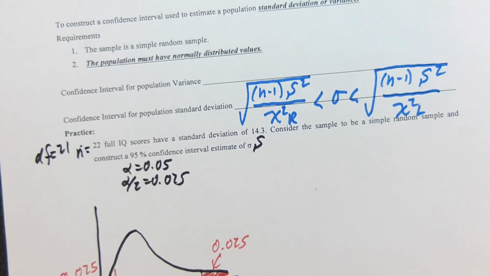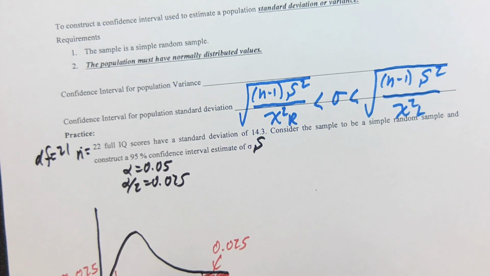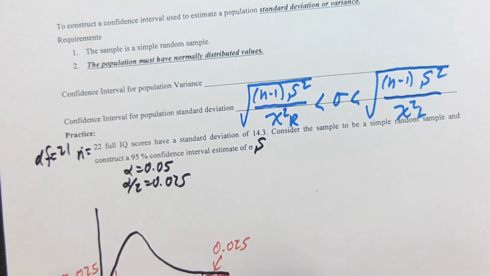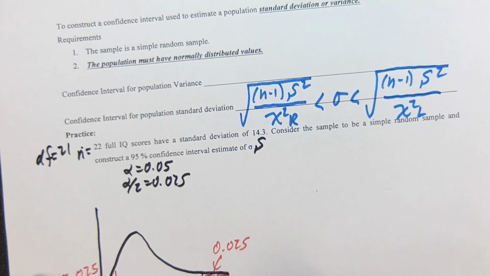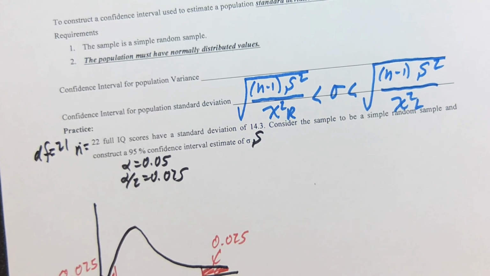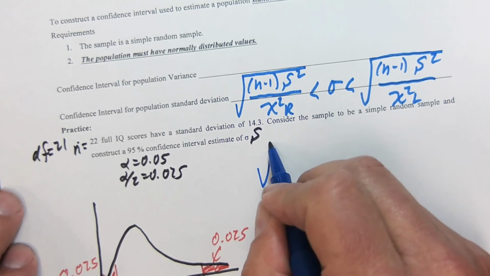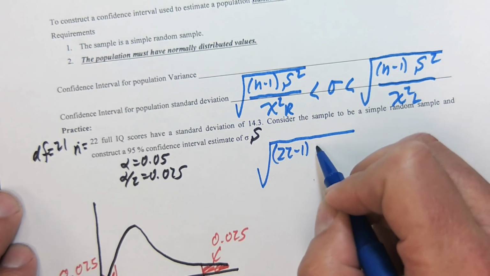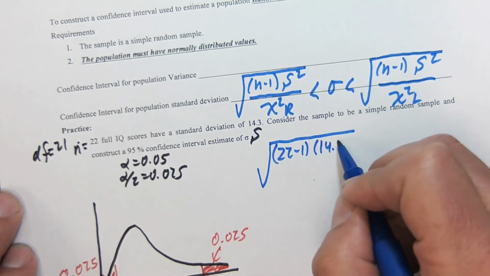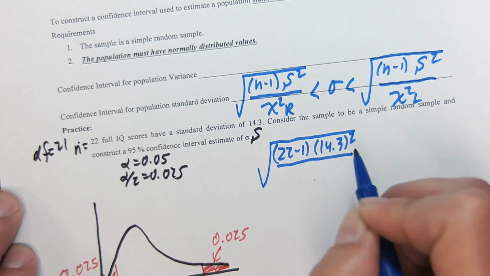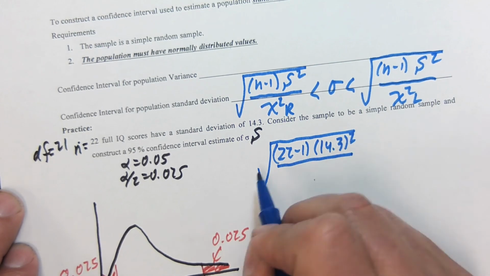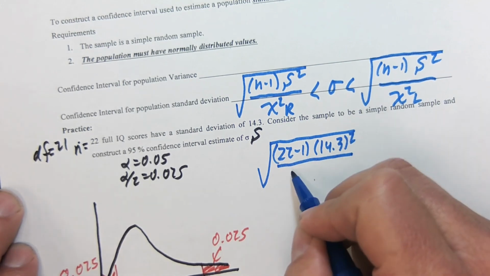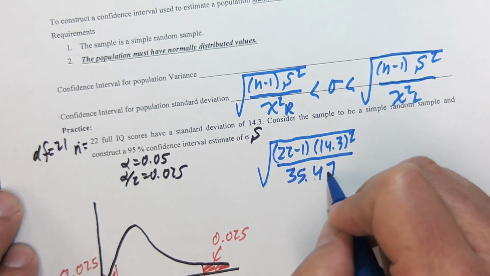So this is going to be 10.283, and this is going to be 35.479. And here we go. It's the left one, but we're using chi-squared right, so it's kind of opposite. 35.479.